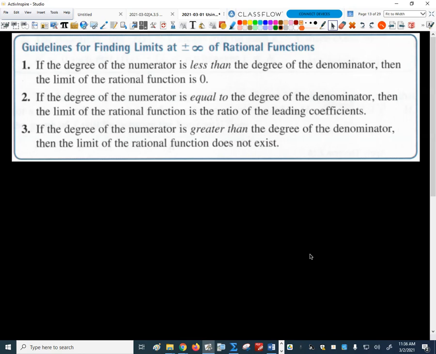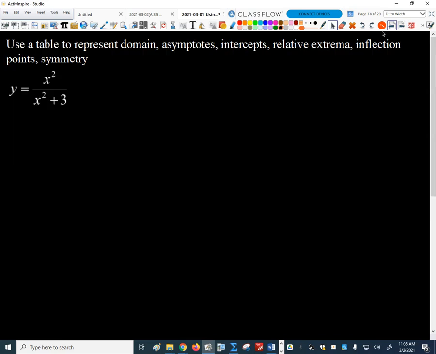Is this ringing a bell? And if the degree of the numerator is greater than the degree of the denominator, then the limit doesn't exist, right? The thing's not going to have a fixed limit, okay? We'll look at each of those cases as we get to them, but that's just a quick reminder.